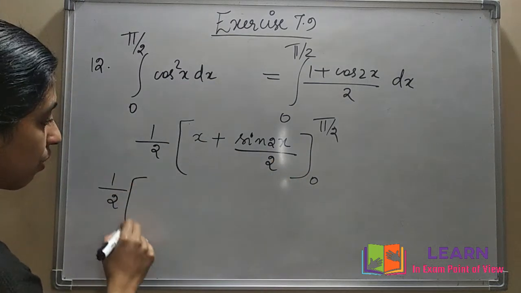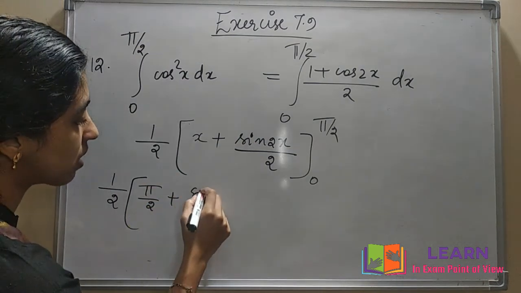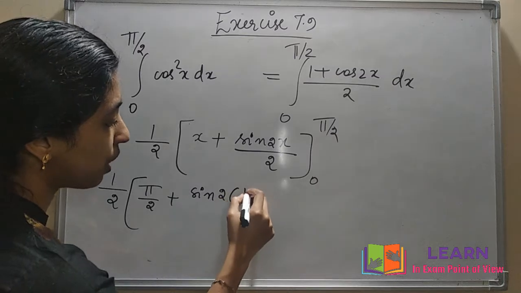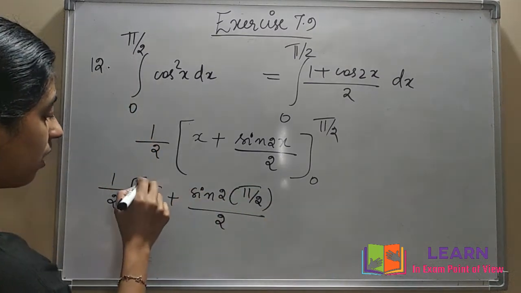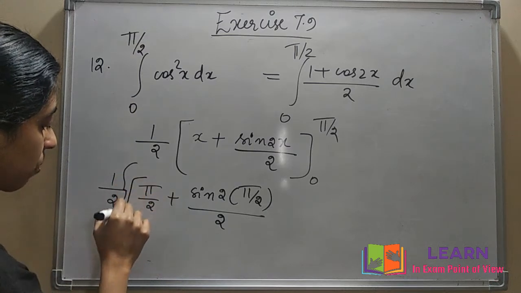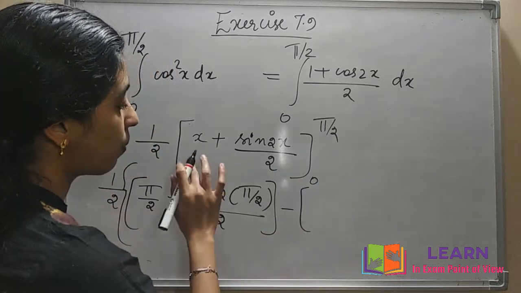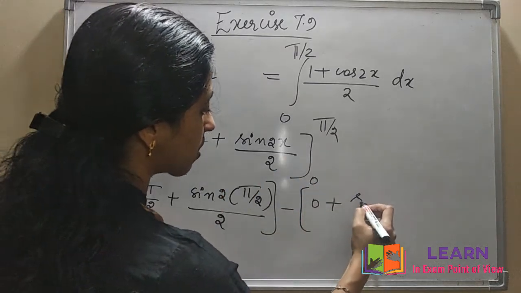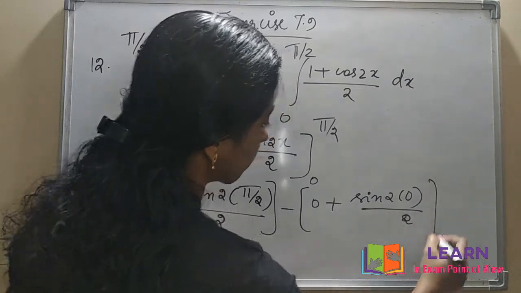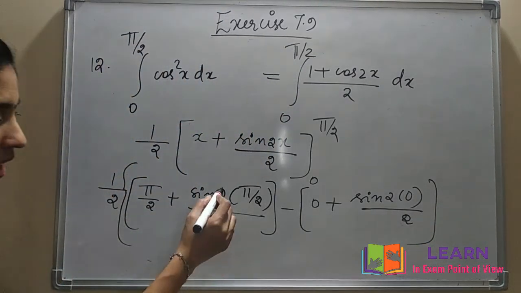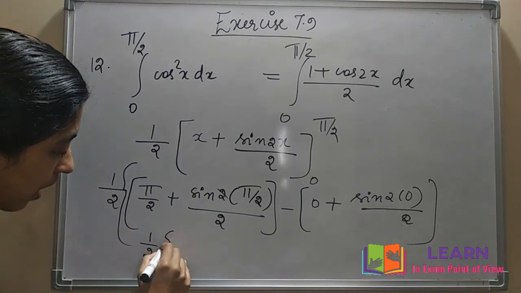Half. First upper limit, that is pi by 2 plus sine 2 into pi by 2 by 2. Okay, this you can put in another bracket. Minus lower limit 0 plus sine 2 into 0 by 2. Finally, this will get cancelled. Half is already there outside.